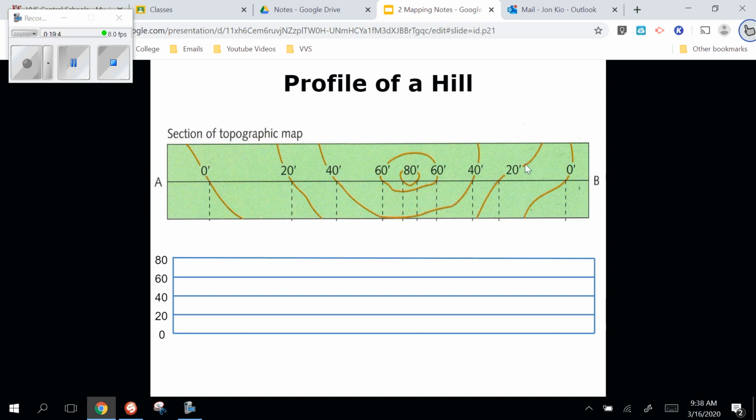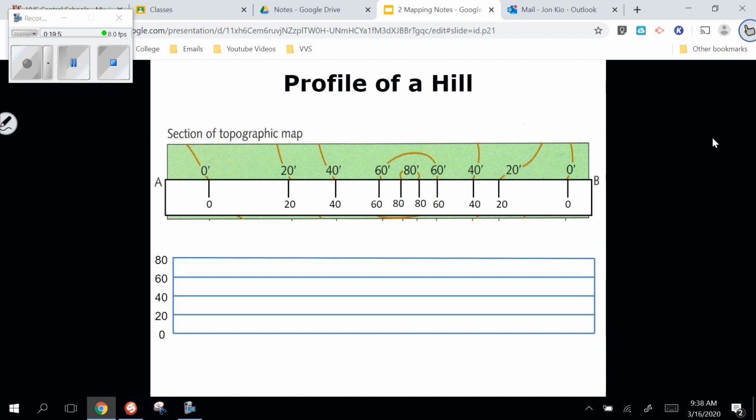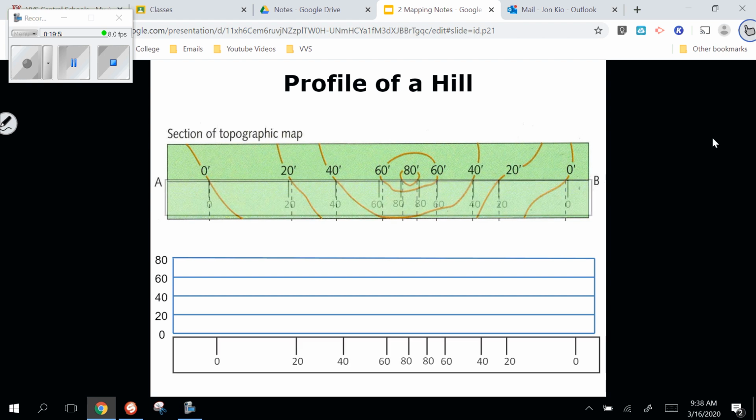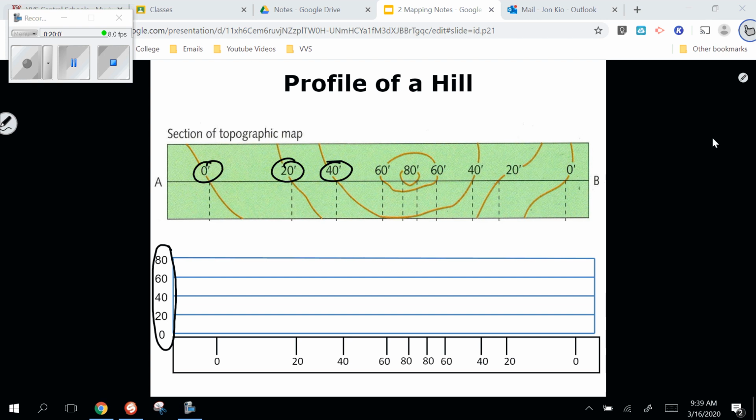All right. So if, for example, you look at what we have here, if you were to take a piece of paper and lay it across your profile and mark each place where the tick mark touches your paper, and then put its value, and then bring that paper down to a vertical scale, and notice the vertical scale is the same as your contour interval.